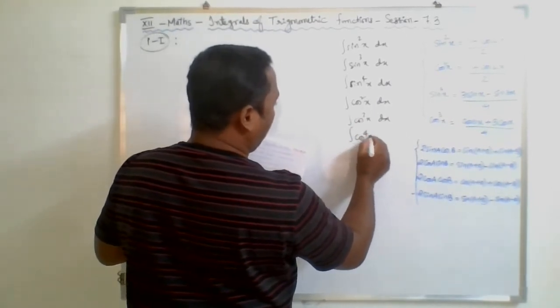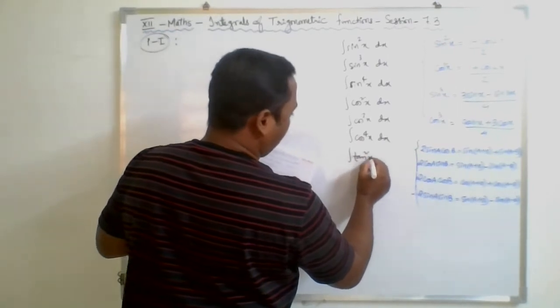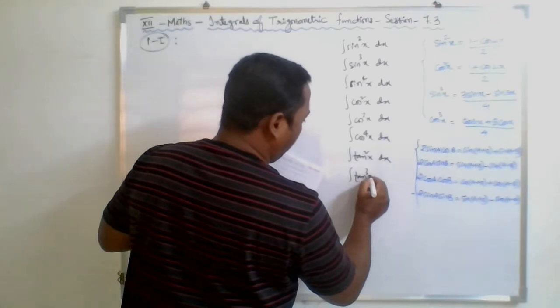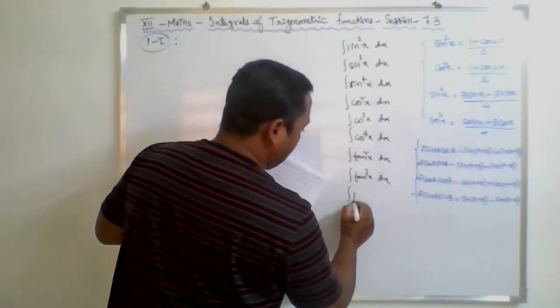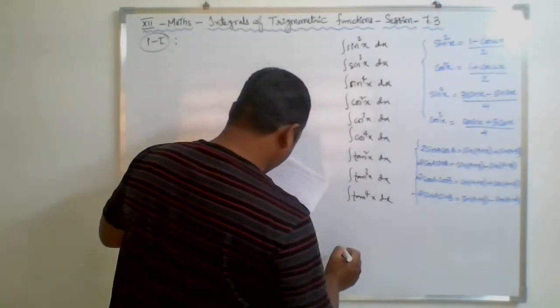cos power 4 dx, even tan square dx, tan cube dx, tan power 4x dx.